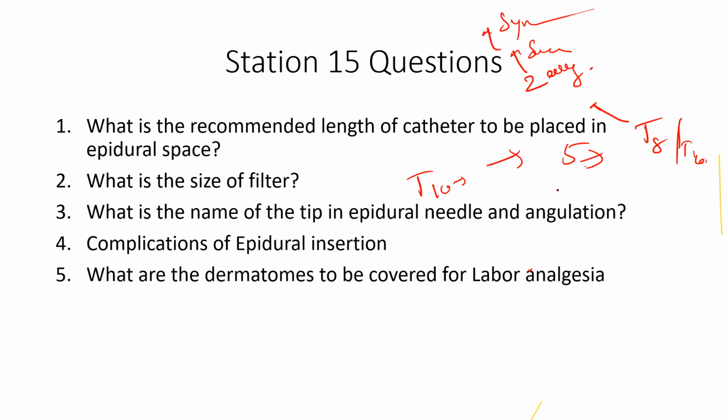So if you put at T8, T9, up to T4 you can have the sympathetic coverage. Up to T6 you can have sensory supply, whereas motor supply will not cross beyond T6. Got the point? Yes, sir. So this is the differential blockade.